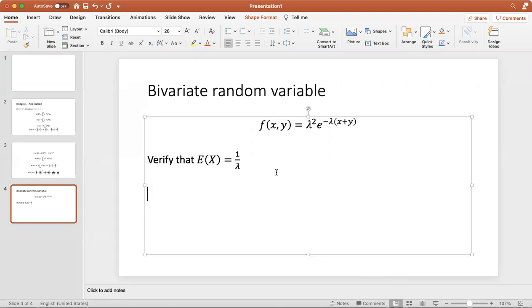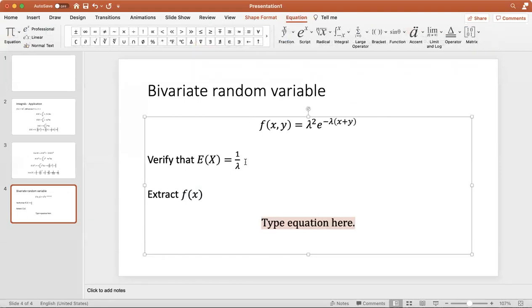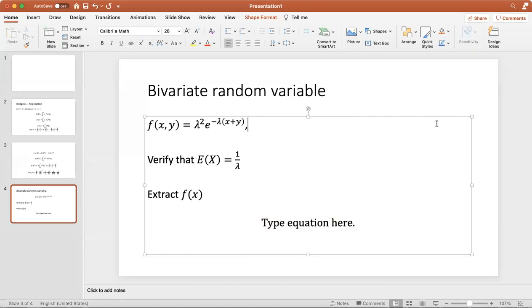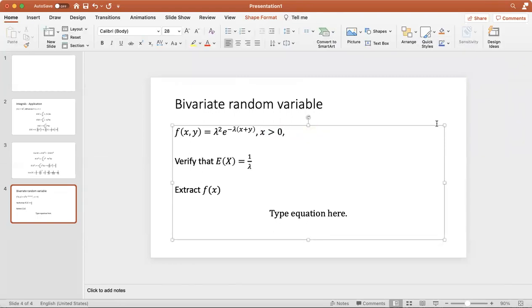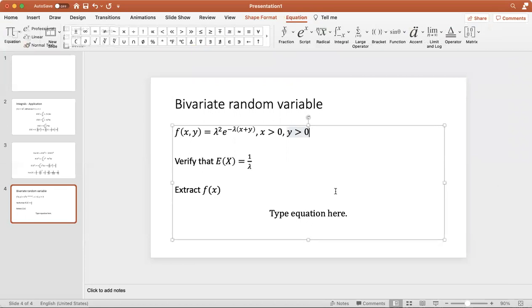So to extract f of x, let me specify that x goes from 0 and y also goes from 0, so positive. f of x is obtainable by getting the integral of the joint density function, and of course, this runs from 0 to infinity.